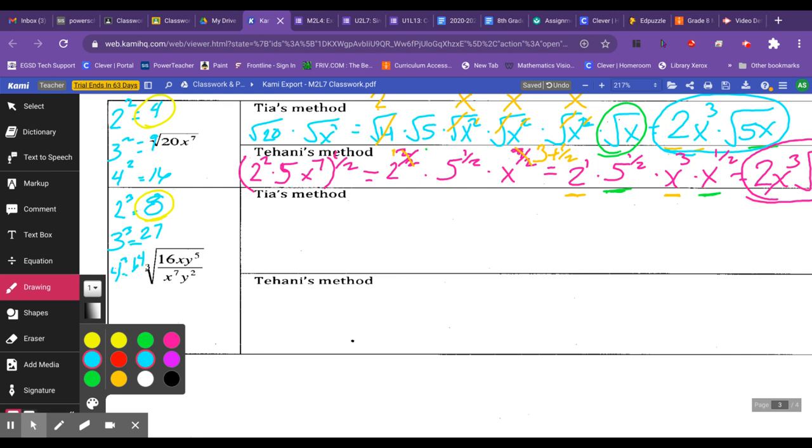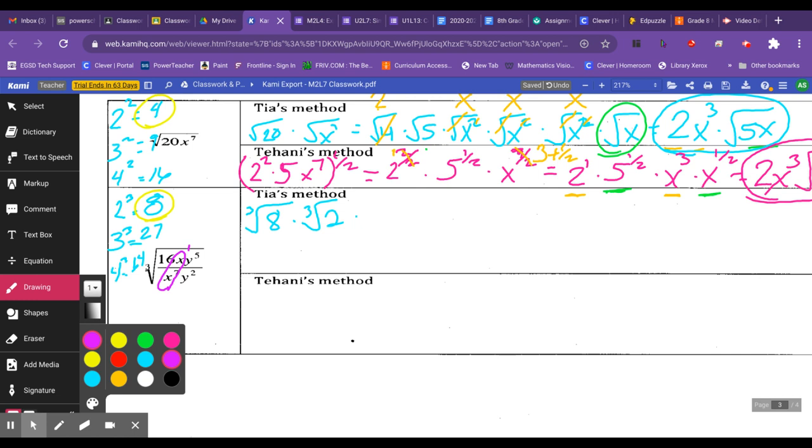So let's go ahead and split up our 16, the cubed root of 16. I'm going to do cubed root of 8 times 2, which is 16, cubed root of both of those. Now, my exponents. Let's simplify these x's first. I have x to the first on the top and x to the seventh on the bottom.